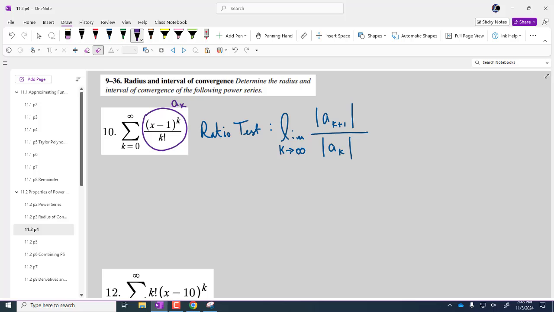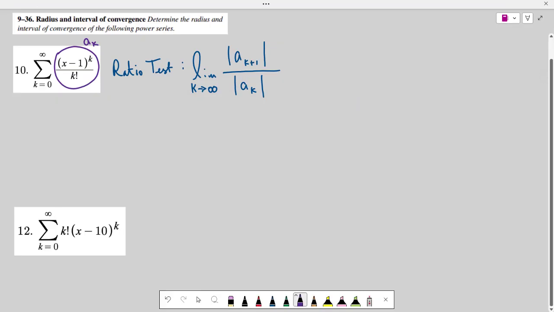So let's see what happens. We're going to take the limit as k goes to infinity of the absolute value of a sub k plus 1. So x minus 1 to the k plus 1 divided by k plus 1 factorial, multiplied by, so we need the absolute value.